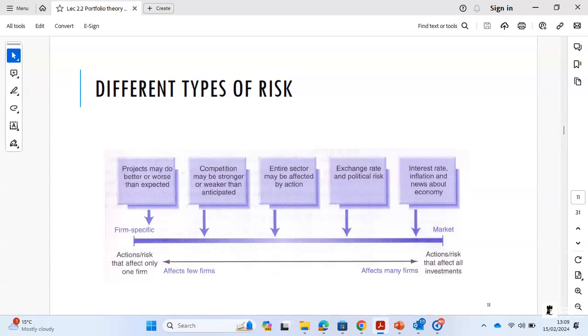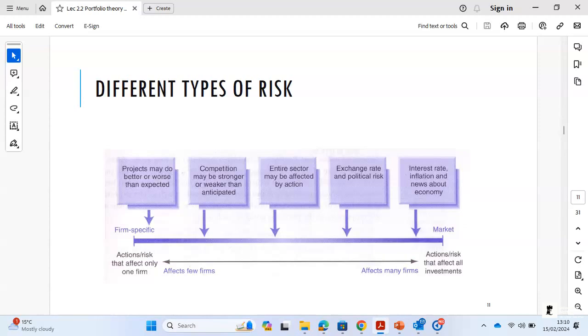So given that the two firms are identical, and the only difference is in terms of capital structure, we know that if the firm has debt in it, it becomes more risky, right? Is that right? If the firm has debt in its capital structure, it makes the firm more risky. Is this correct?